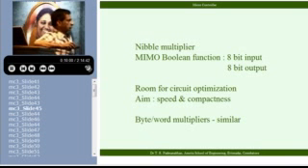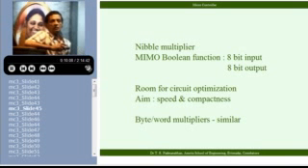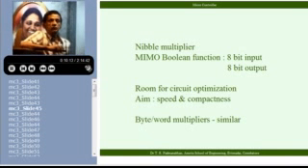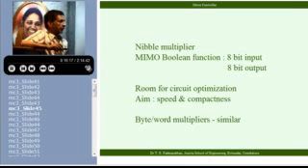Now, just to recapitulate, I have shown the nibble multiplier earlier. I have shown it as being built using half adders and full adders, etc. But you need not do it in such an elaborate fashion. A nibble multiplier, you can look at it as a multiple input, multiple output Boolean function.